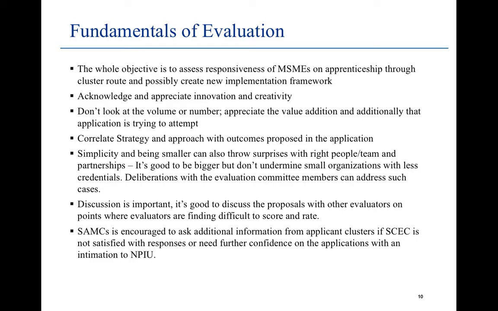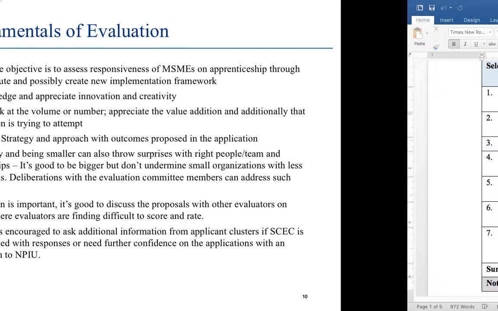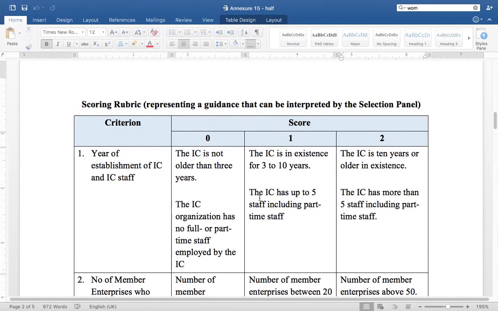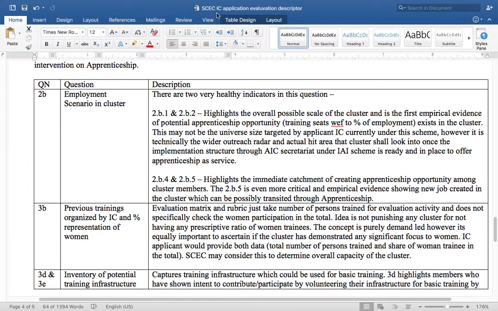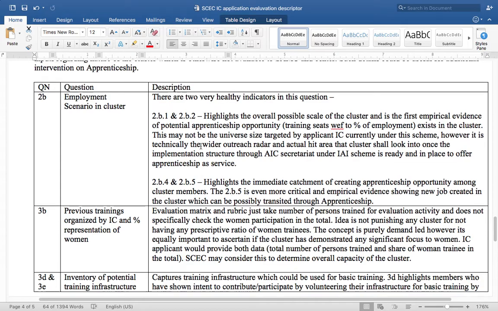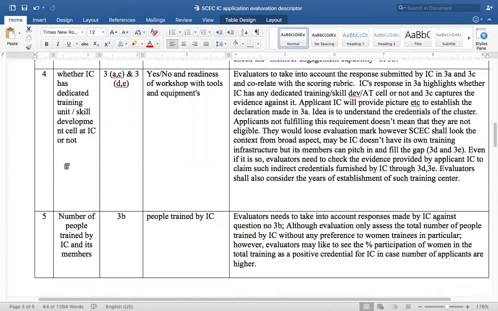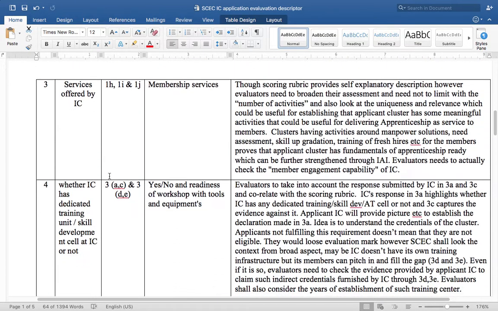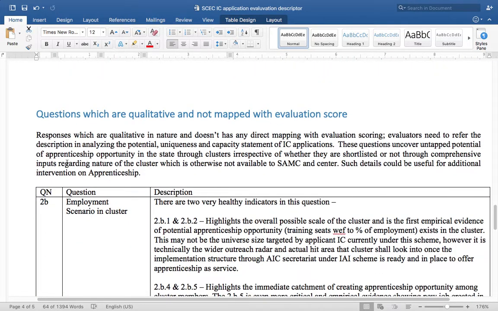In addition, along with this video tutorial, we are also providing the new set of SCEC application evaluation descriptors. It captures two broad categories. One, it captures evaluation descriptors which are mapped with evaluation categories, and it captures those questions which are qualitative in nature and have immense importance for the state but are not mapped with the evaluation score.